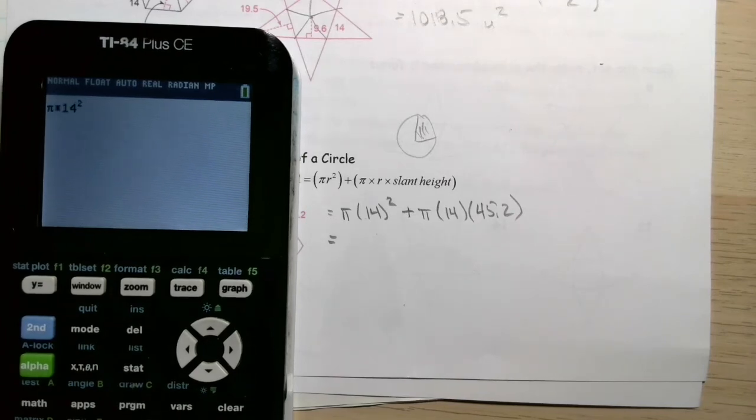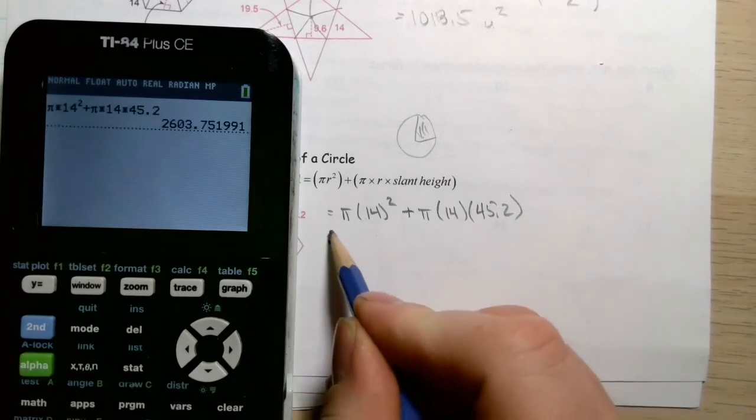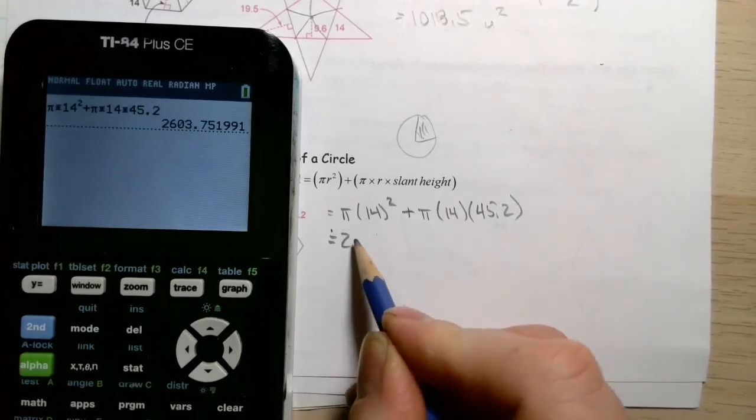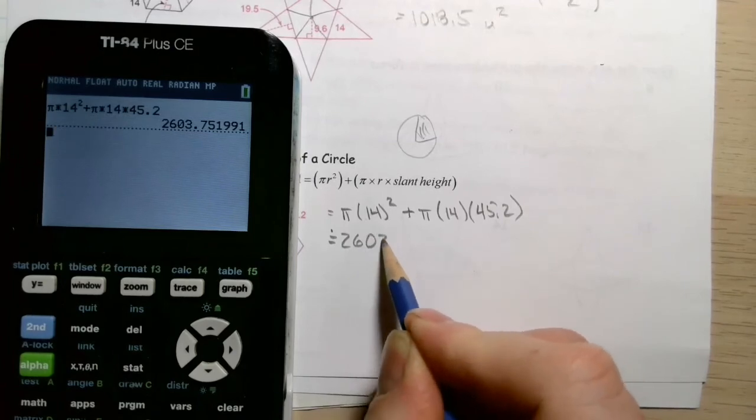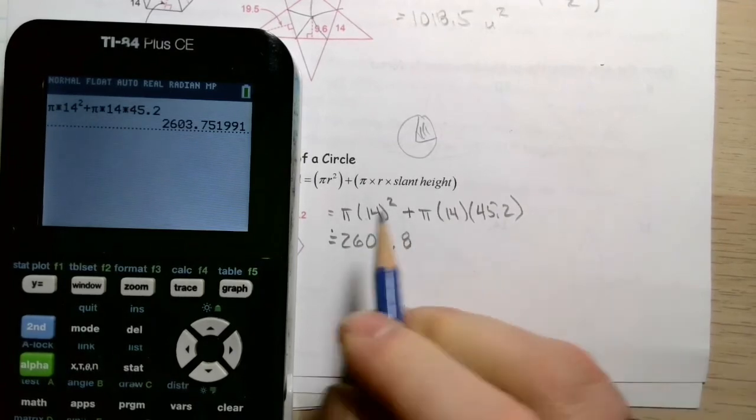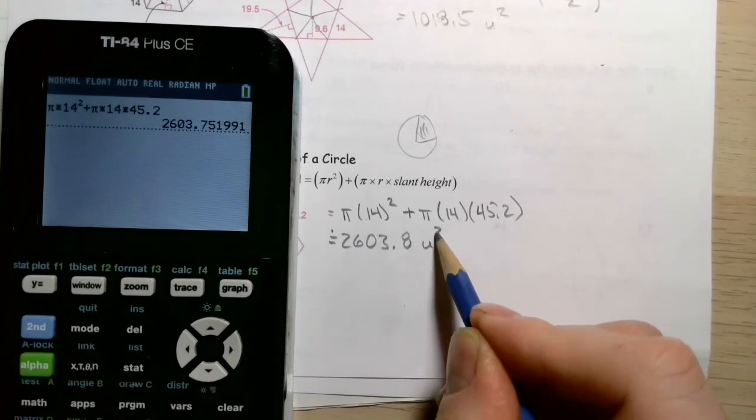So pi times 14 squared plus pi times 14 times 45.2. And again, I'm going to round this to the nearest tenth, so it'll be 2,603.8. No units were given, so I'll say units squared.